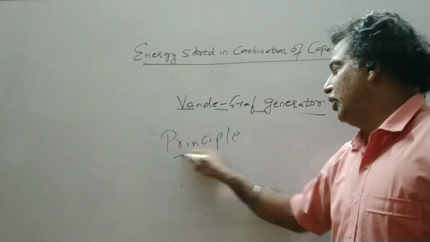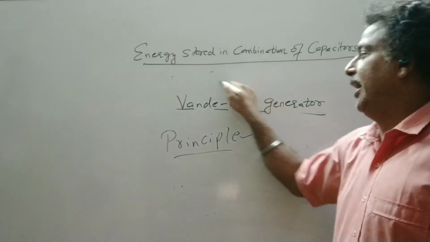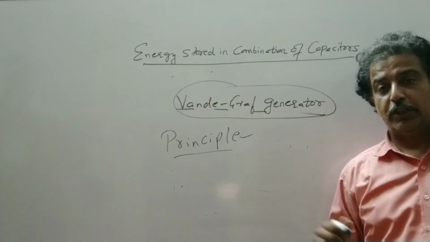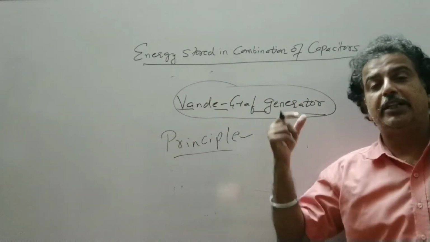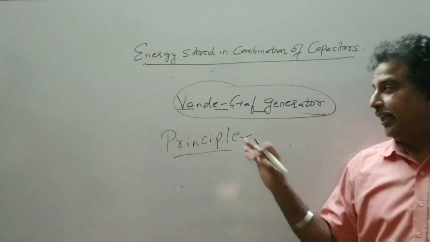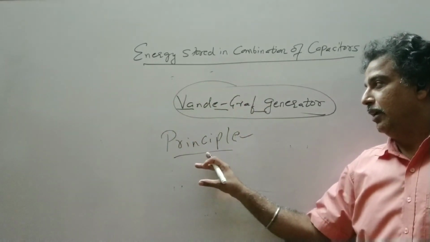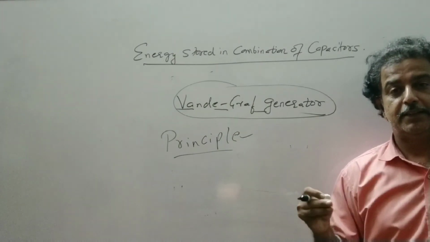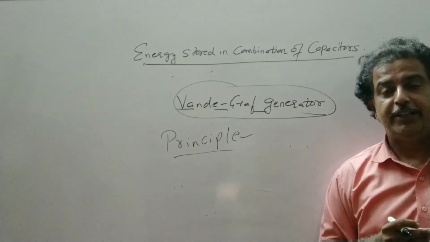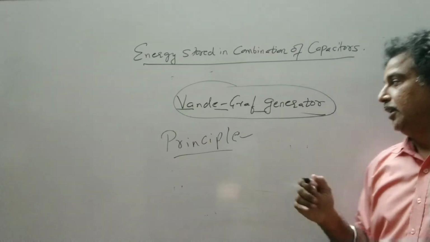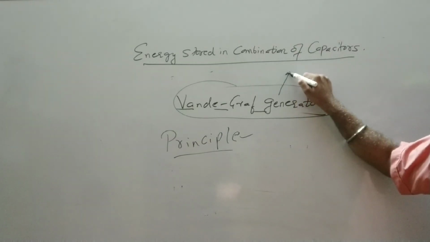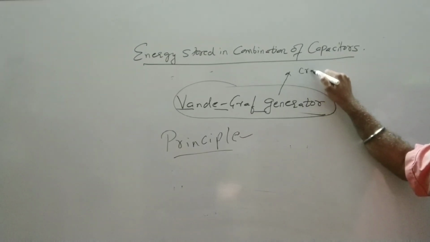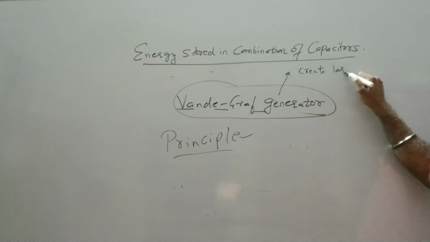The detailed principle and the working of the Van de Graaff generator we will discuss in the lectures for NEET and JEE. The Van de Graaff generator is a device which is used to create a large potential difference.